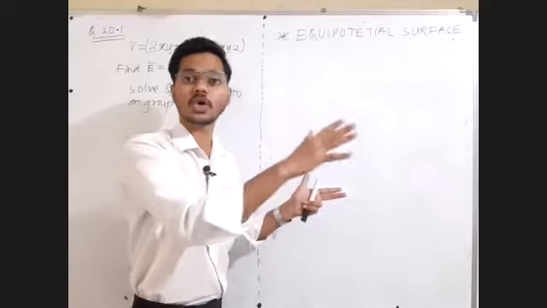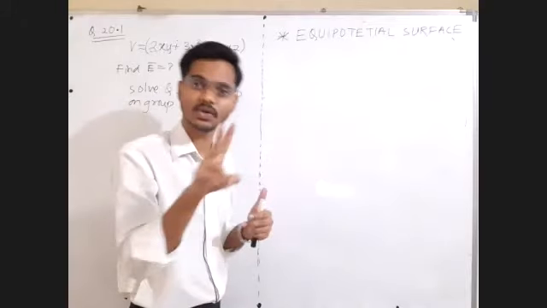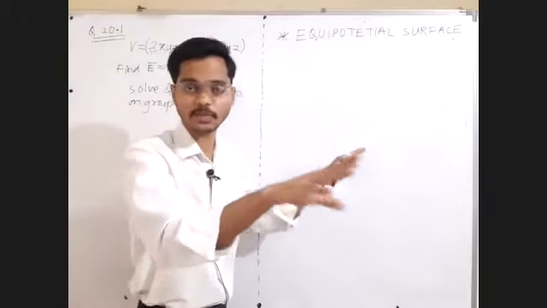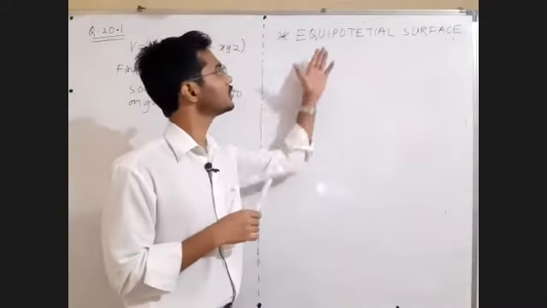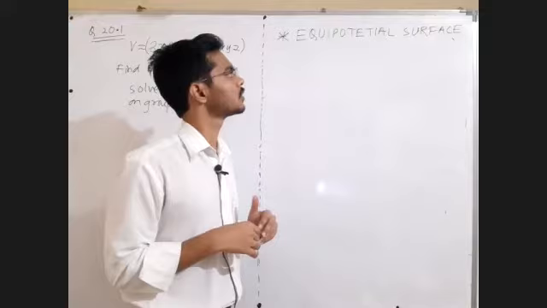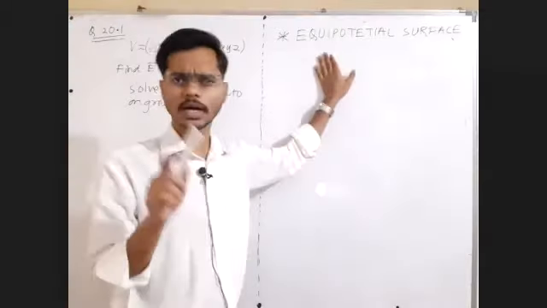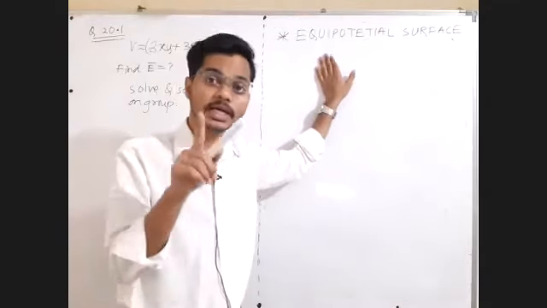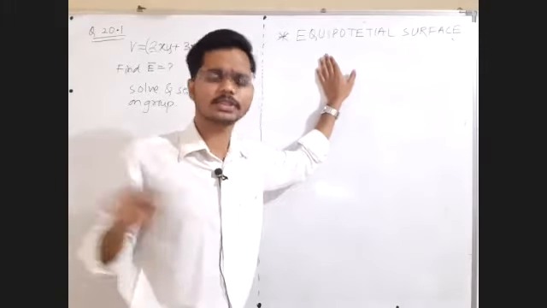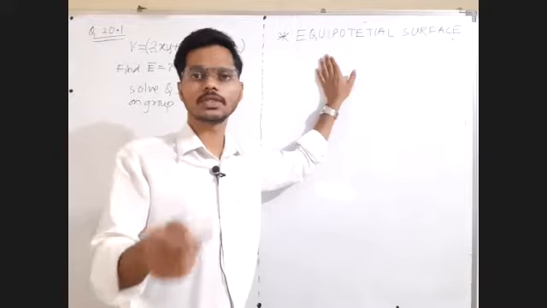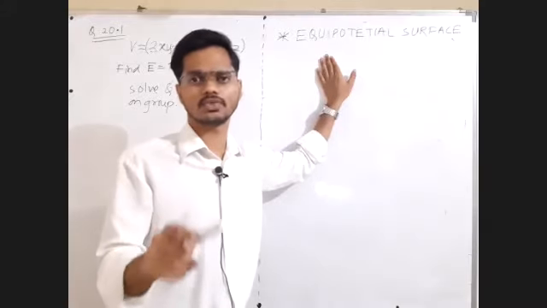A surface over which all the potential values are 2 volt. A surface over which all the potential values are 3 volt. In this way, you can define the equipotential surface. So a collection of points having the same potentials gives us an equipotential surface.